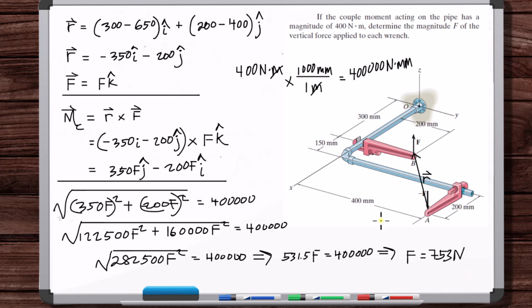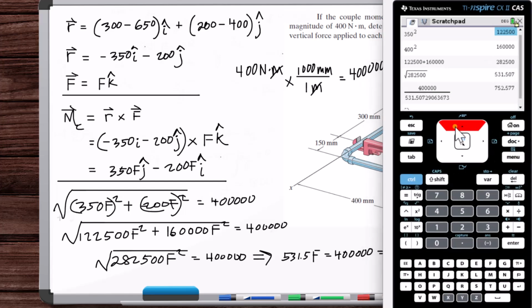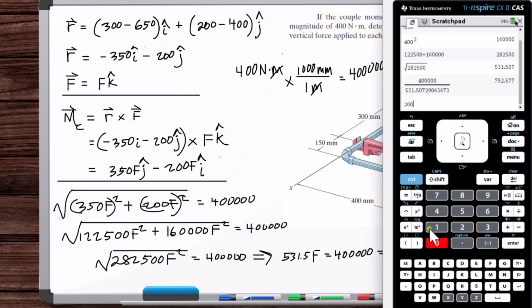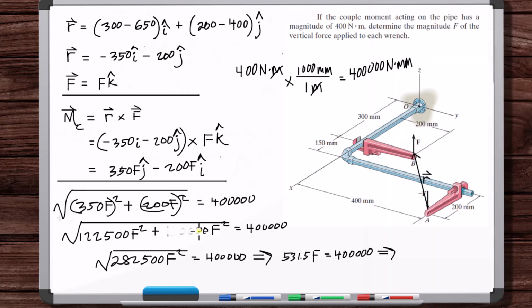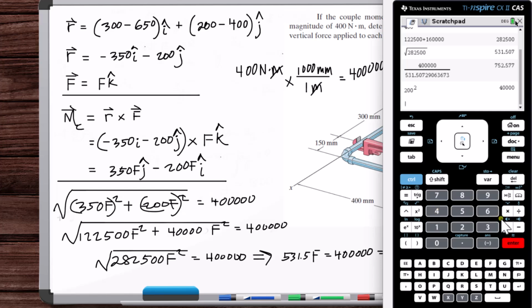Okay, and I messed up also. For some reason I did 350 squared and then I did 400 squared instead of 200 squared. So 200 squared is 40,000. So this needs to be 40,000. Then 40,000 plus 122,500 gives 162,500.